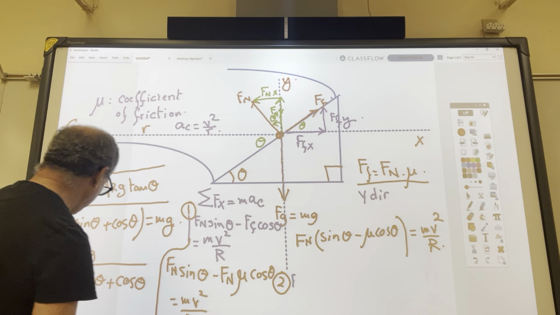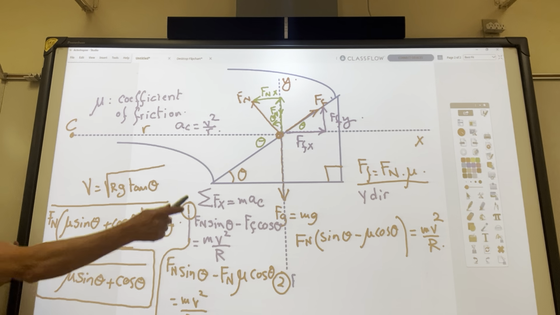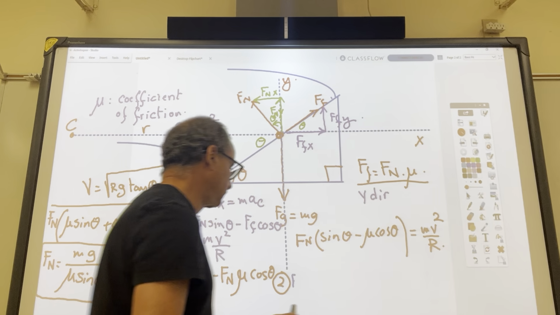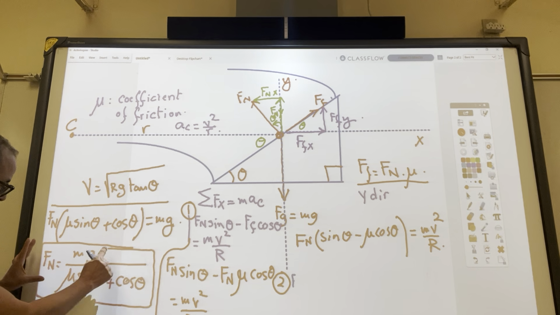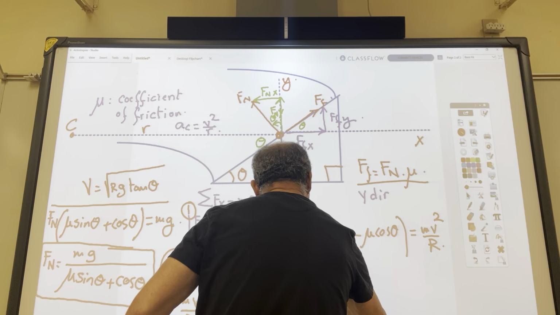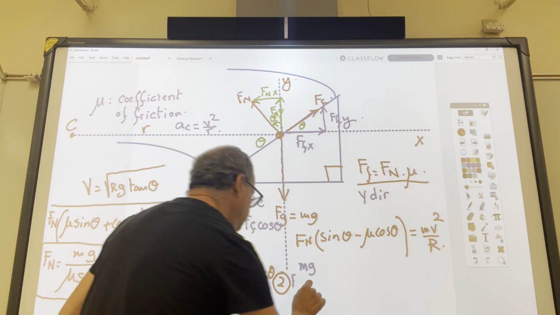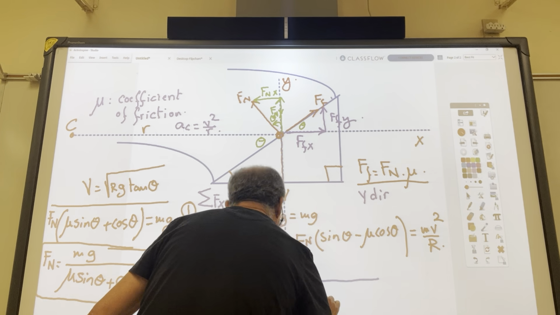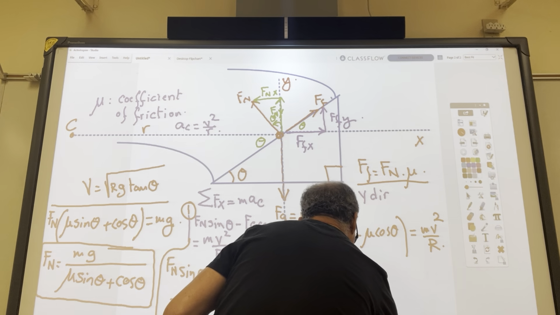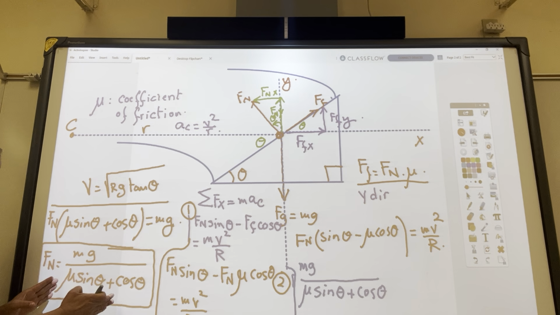Now I'm going to take this expression here and replace the Fn by this expression, which is mg over mu sine theta plus cosine theta.